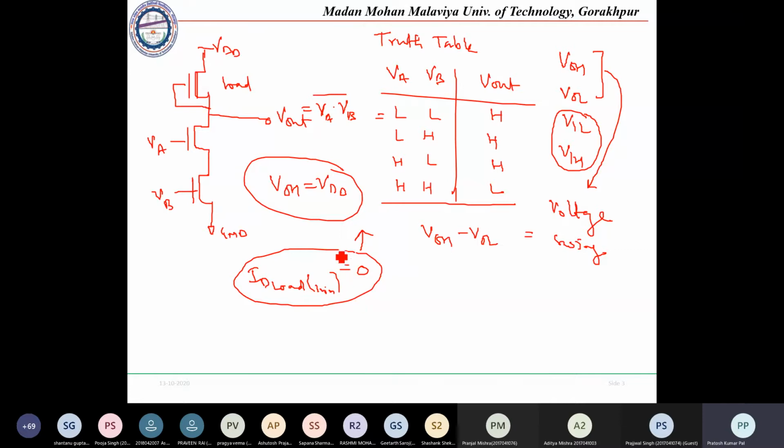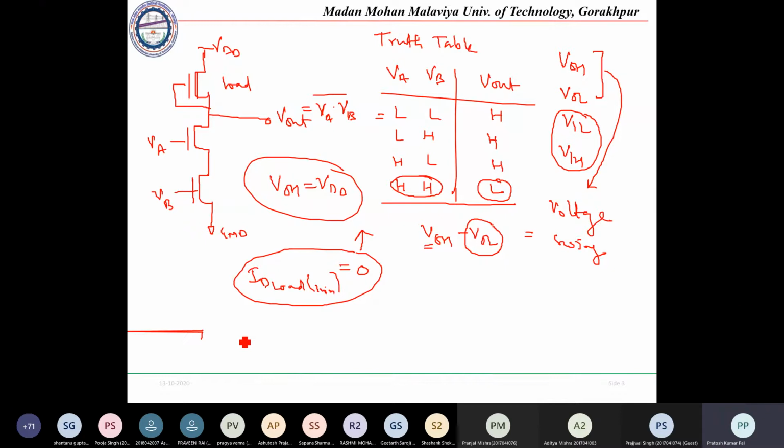In the case of VOH calculation, that is okay, but in the case of VOL calculation, we will require some point about how it is changing. This VOL value is the low output, which comes out when both the inputs are high. If both the inputs are high, then whatever mode the transistors are operating in, the current flowing through the load, this transistor and this transistor will all be the same.